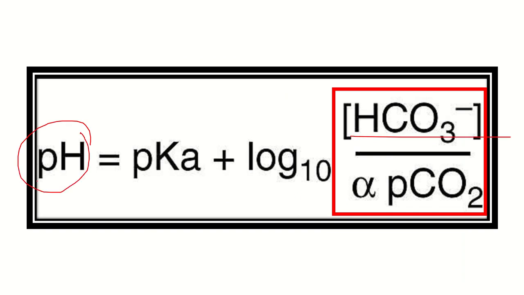Another important point is that bicarbonate is directly related to the metabolic cause, and partial pressure of carbon dioxide is directly related to the respiratory cause. So in case of metabolic acidosis and alkalosis, bicarbonate is affected first, and in case of the respiratory cause, the partial pressure of carbon dioxide is affected first.